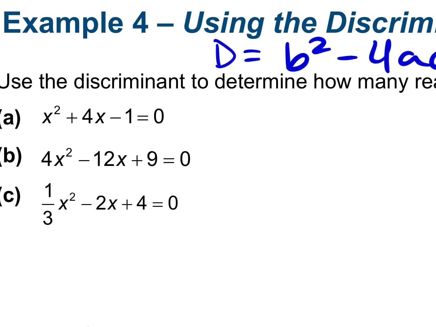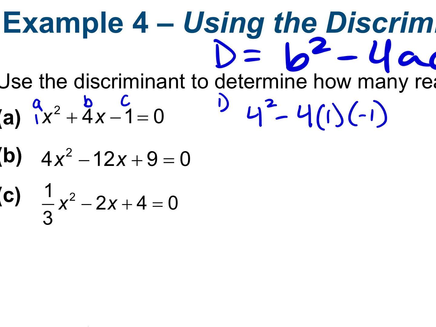So in A, what is our A? 1. What's our b? And c? 4 and -1. Perfect. So let's plug it into our discriminant formula. We have b squared, so 4 squared, minus 4 times a, which is 1, times c, -1.